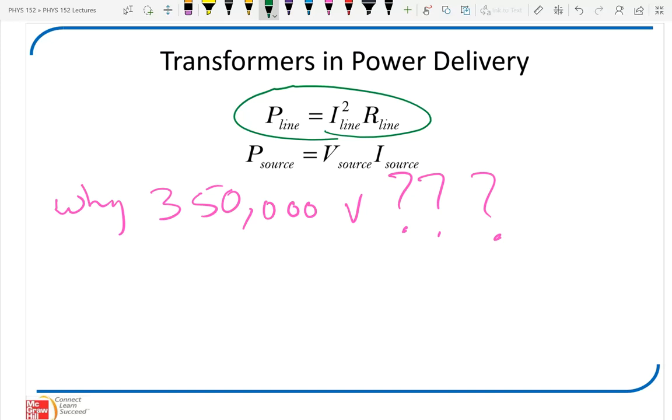And so how can I keep my power lost as small as possible? I can't affect the resistance in the line pretty much. That's the wires. I try to use low resistance wires, but I can't get over that. So what do I want to do to lower the power that's lost in my transmission lines?